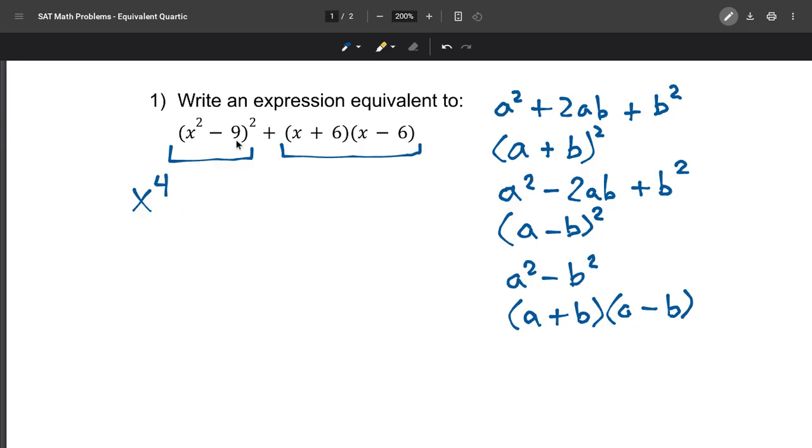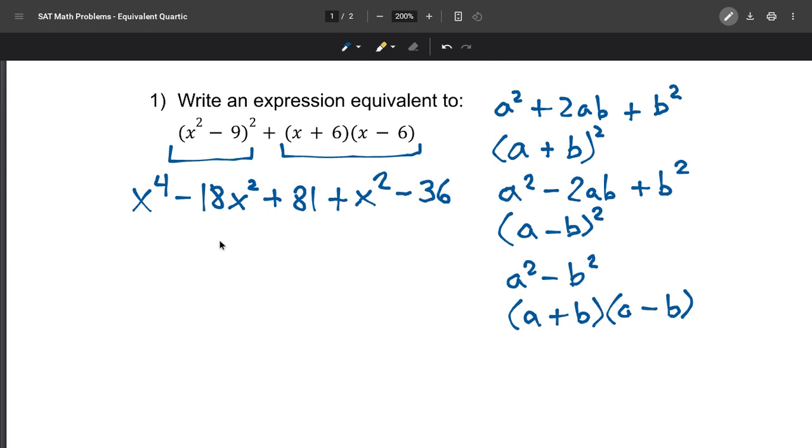Minus 2 times 9 times x squared, so minus 18x squared, plus 9 squared, so plus 81. And we're going to put this back to difference of squares, so it's going to be plus x squared minus 6 squared, so minus 36.